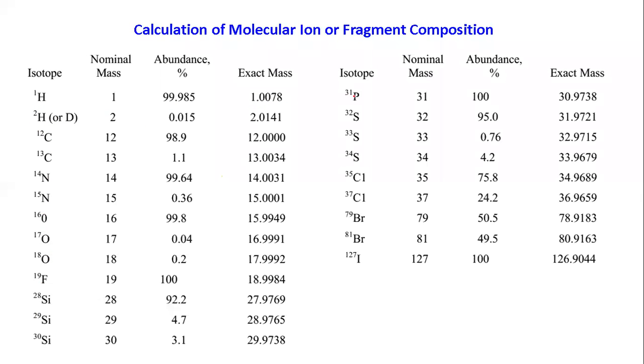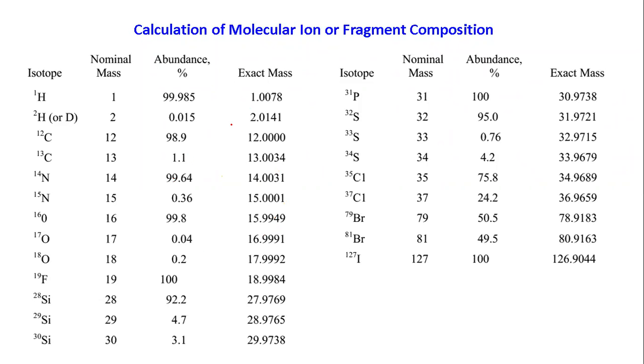Another set of atoms are given here. So these are the general atoms we regularly find in our general molecules. Most organic molecules are composed of these different types of atoms.